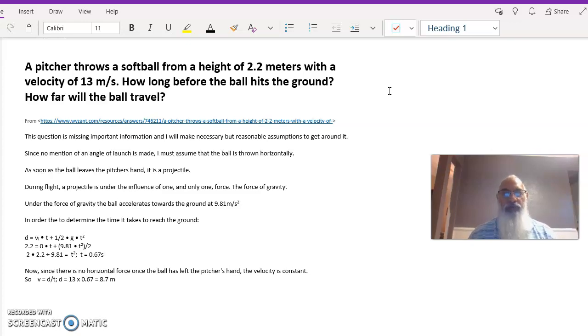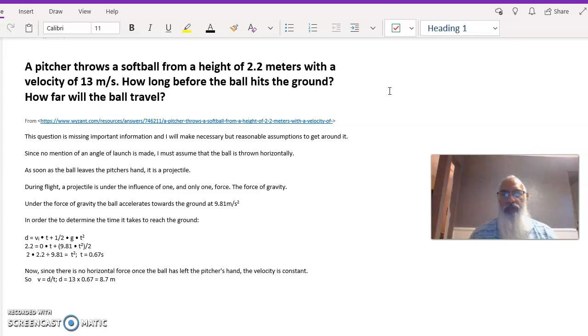However, you have to think of its motion in two dimensions. There is a horizontal part of the motion and there is a vertical part of the motion. The horizontal part of the motion has an initial velocity that has been imparted by the thrower or the pitcher. But the vertical component does not have a velocity.